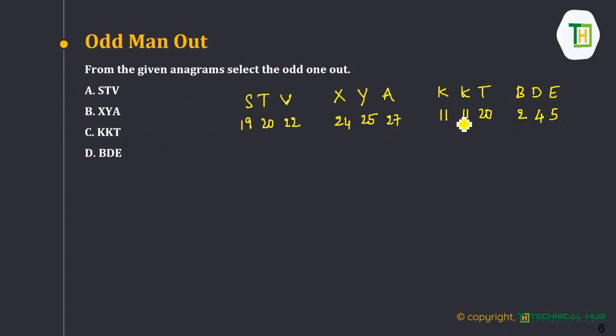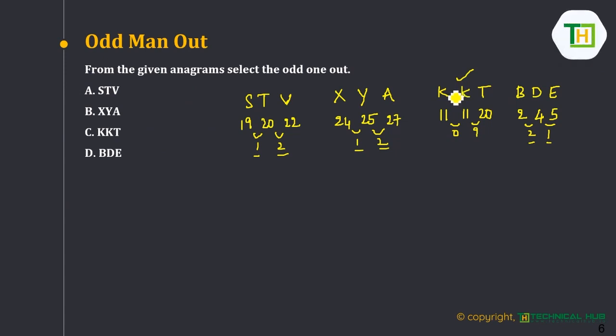So what is the logic here? Here the difference is 1. Here the difference is 2. Here the difference is 1. Here the difference is 2. Here the difference is 0. Here the difference is 9. Here the difference is 2. Here the difference is 1. So you might think, sir, here the difference is 1 and 2. Here it is 2 and 1. So can I say KKT is the different one or the odd one among the given four?